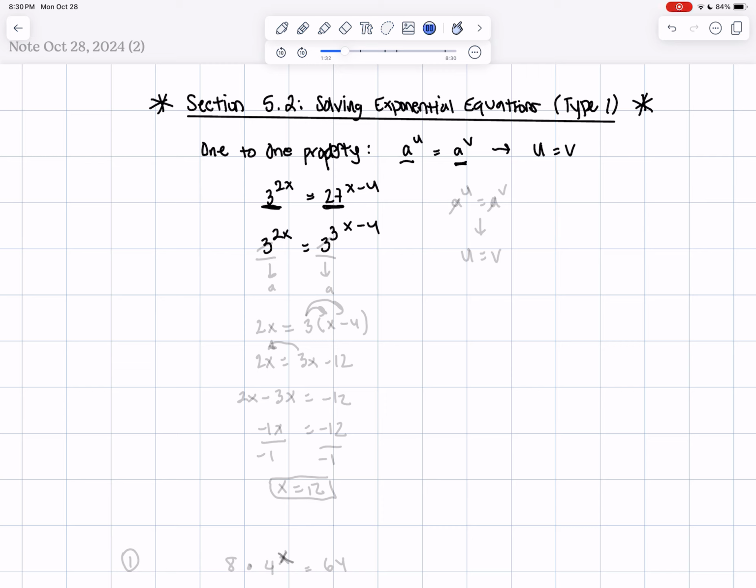So if we use our property, a to the u equals a to the v, this means that those two bases go away, and then it becomes u equals v. So we can do the same thing here on the left. Since I have both of the same a, these are my a's, that means they can both go away. And then what's left is the exponents.